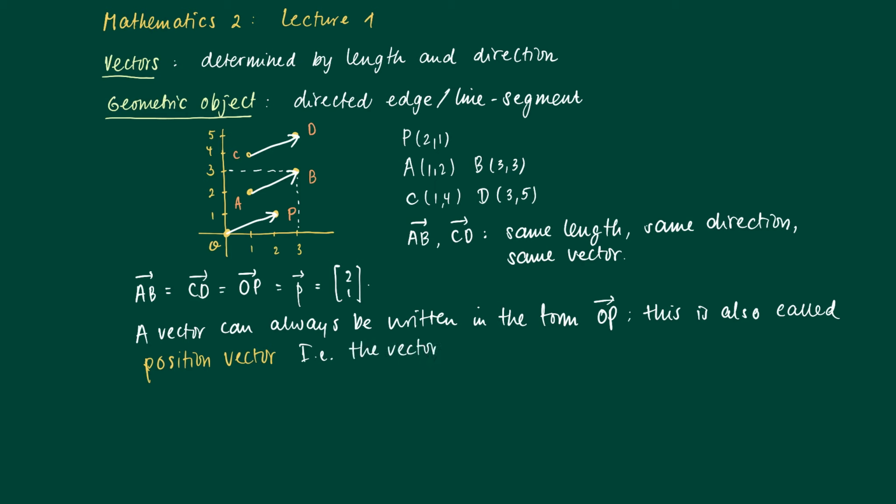And the vector actually shows in a way the position of P. How to arrive at P from the origin? Well, the vector shows how to get there. Another way of stating this is: this position vector is a vector in standard position. And the standard position measures direction and length from the origin.